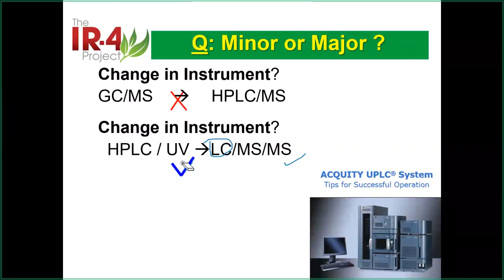So yes, you can change from this instrumentation. Now we have a very good idea of what you can change in your lab. If the method says to use this, you probably don't have too many choices. That's why, from the very first day, I said I really prefer the LC-MS/MS, because the newer methods will use that.